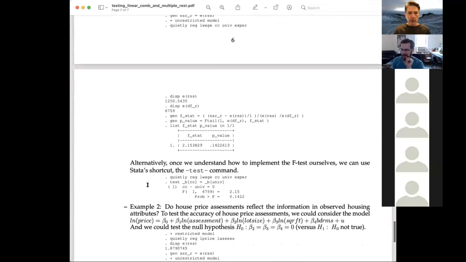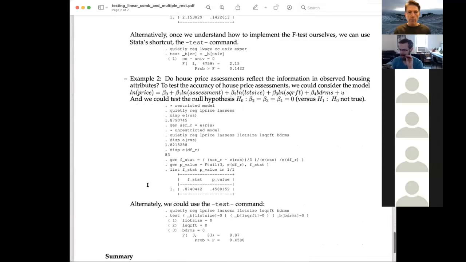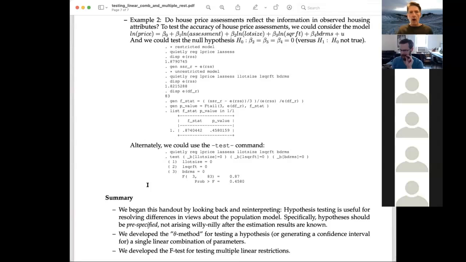Okay, here is one more example of using the f statistic. And this is an interesting one.